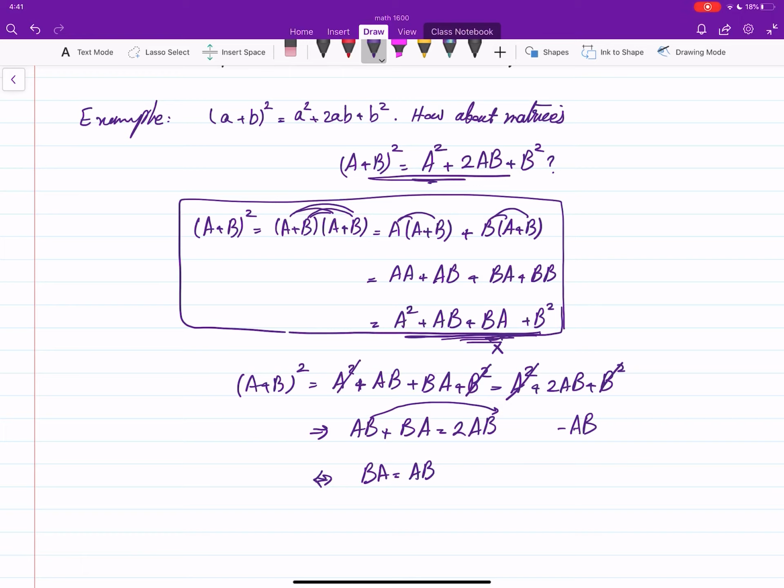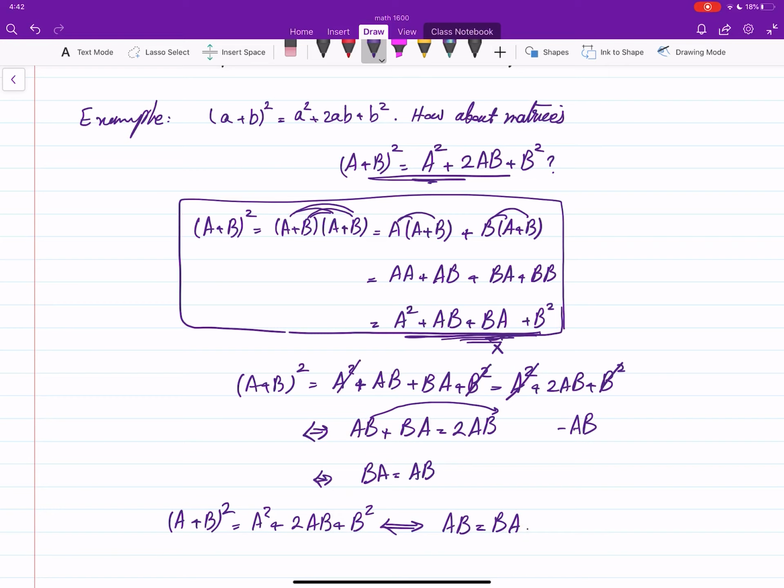And this will be true if and only if (A + B) squared will be equal to A squared plus 2AB plus B squared if and only if AB is equal to BA.